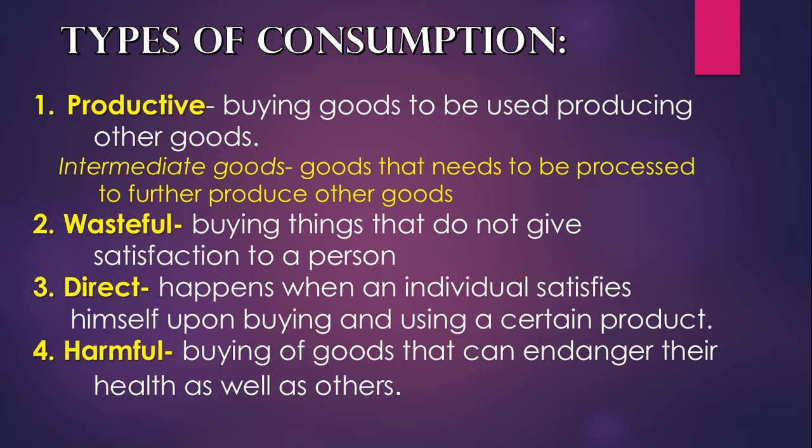producing another good. So for example, if I wanted to make dairy products, I normally have to ensure that I buy the basic raw material that would enable me to process these materials to form the dairy product that I wanted to have. So in this case, I'll buy milk.